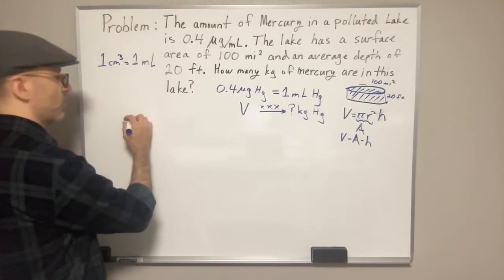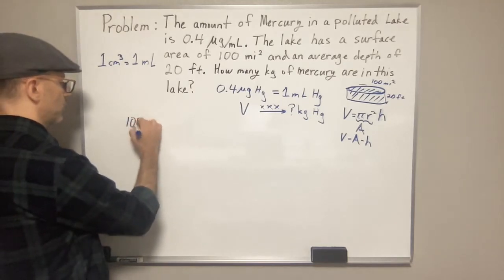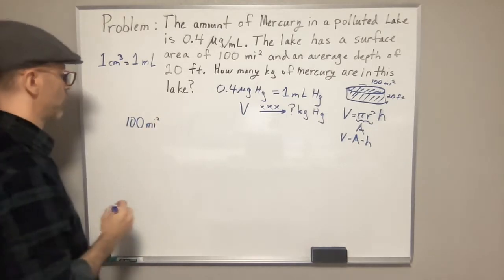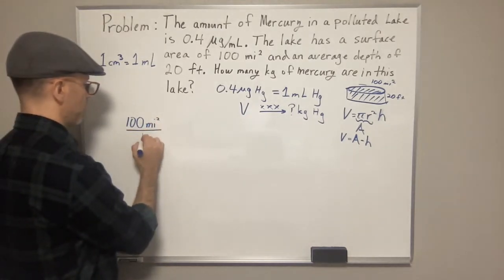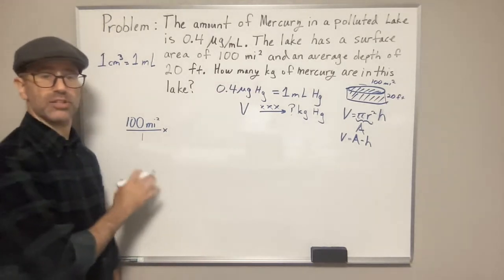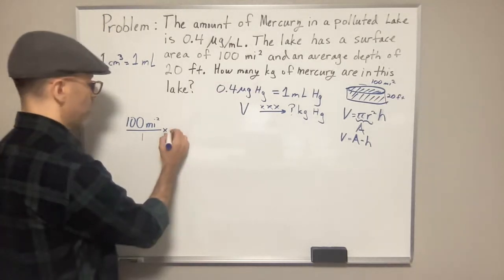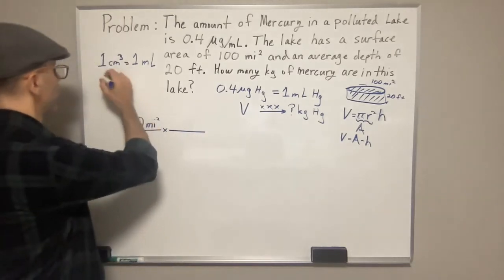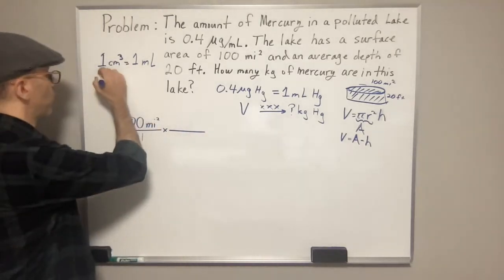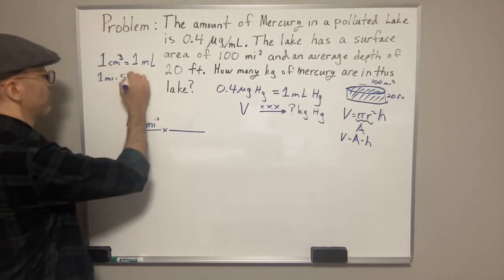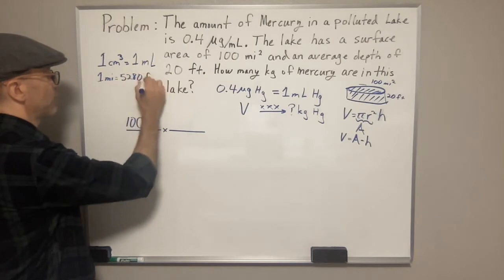So here they give us 100 miles squared. And we're going to have to do a series of conversion factors to get to centimeters squared. So miles, we can look up that 1 mile is equal to 5,280 feet.